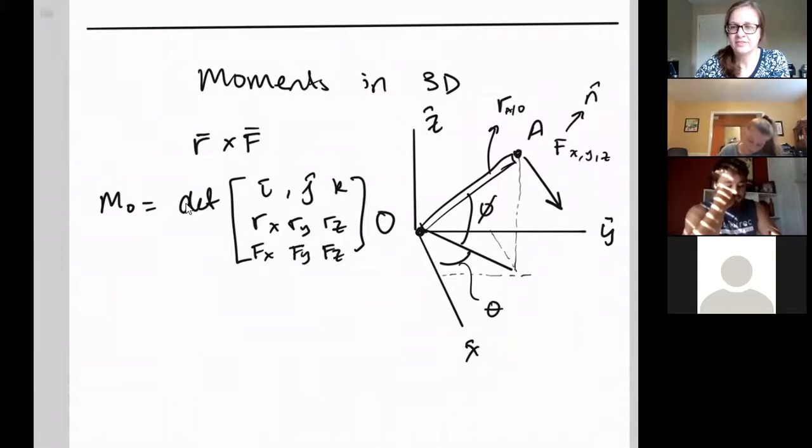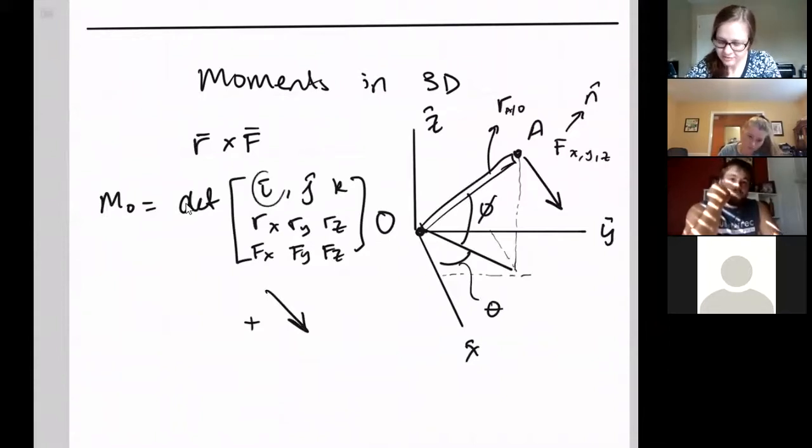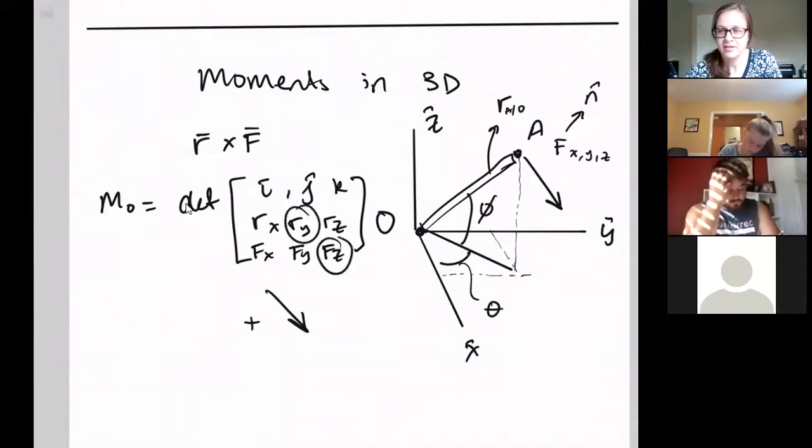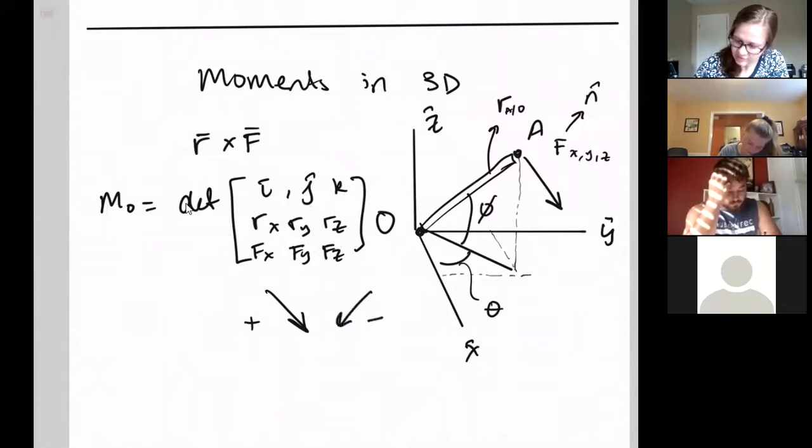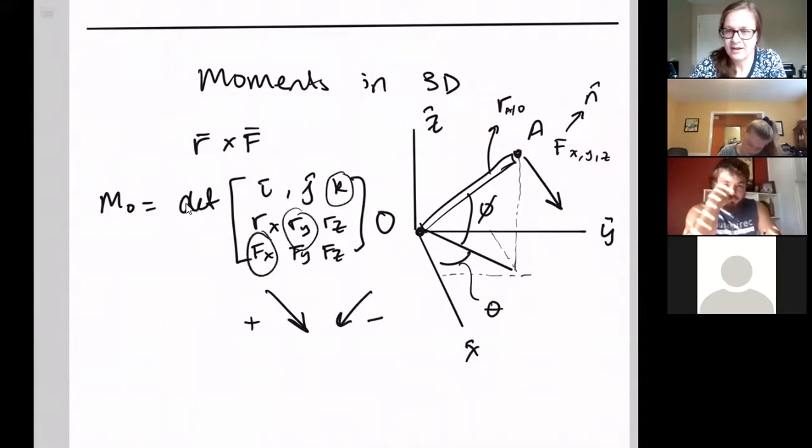If you want to use the trick, if you go down and to the right and multiply across that way, it's going to be positive. So for i, it would be positive R of y times positive f of z. If you go negative, you'll take a negative k times R of y times f of x.